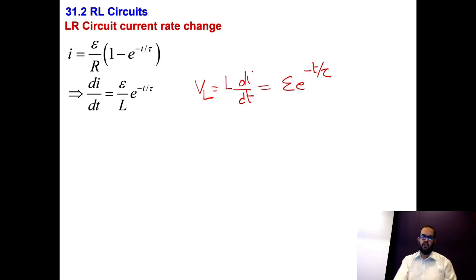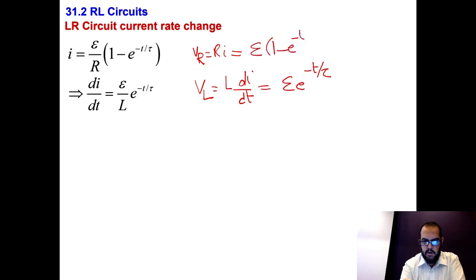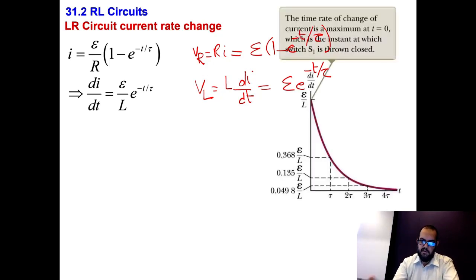This is the voltage across the inductor, while the voltage across the resistor is just Ri. So this is the derivative of the current.